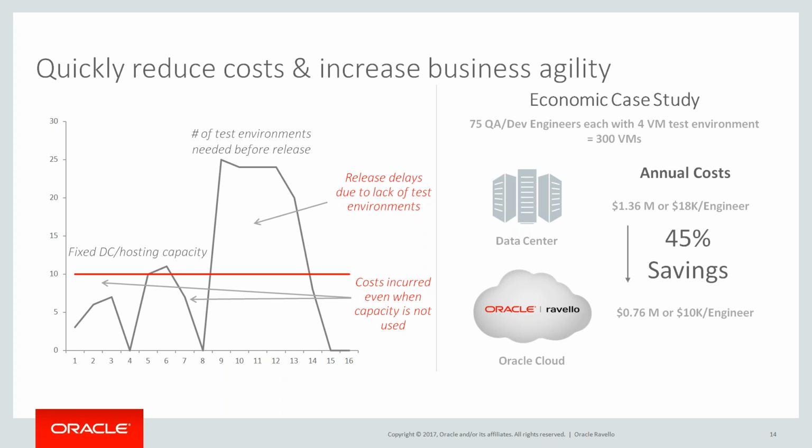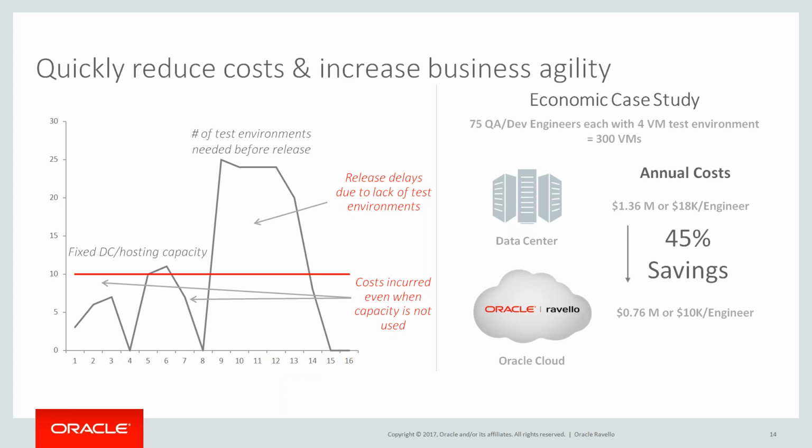So the other benefit on the right-hand side is the cost benefit. Looking at an example where you have an application that has 4 VMs and it's used by 75 QA engineers. So you need 75 copies of this, hence a 300 VM environment.